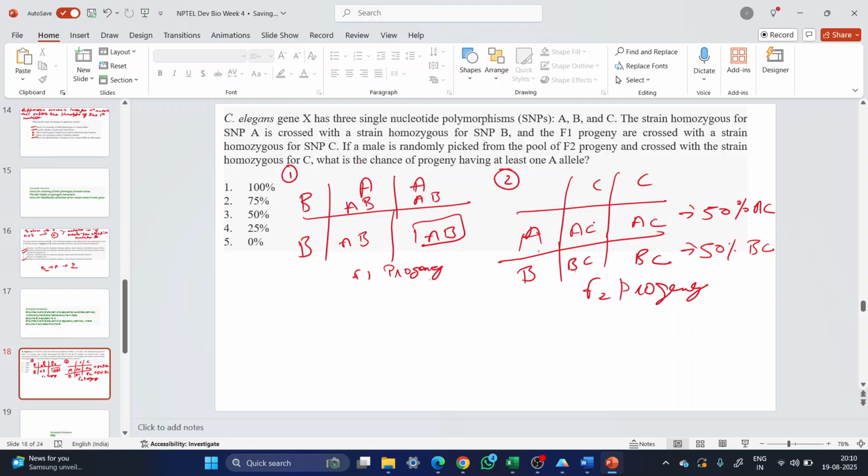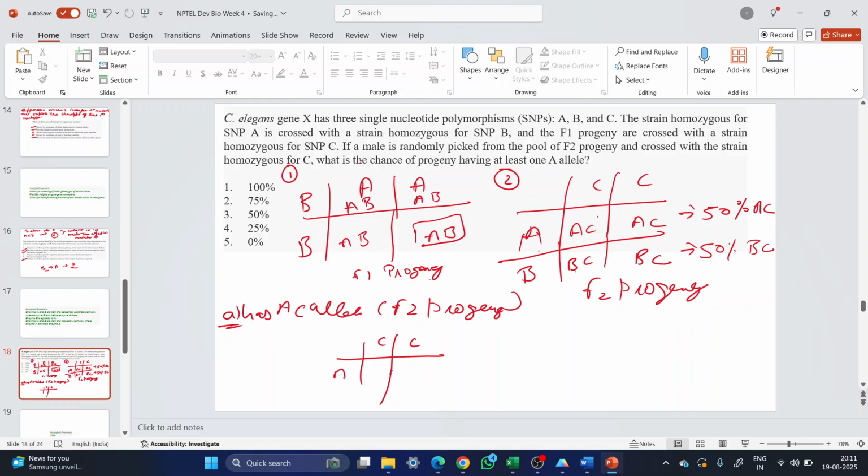So let us see. Suppose the male chosen has AC alleles in the F2 progeny. It is crossed with the strain homozygous for C. This means it is crossed with CC.